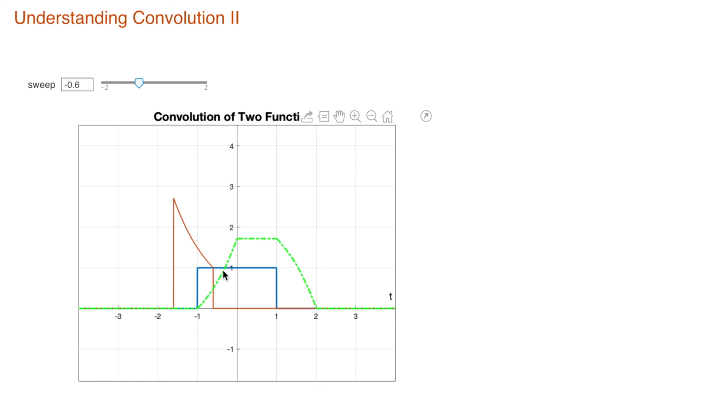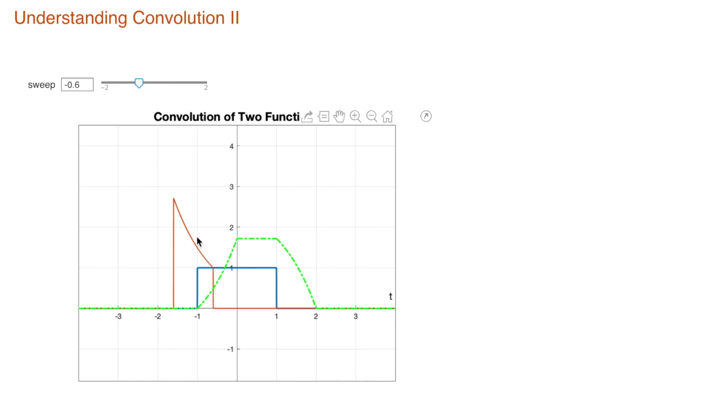So that's why we have this green increase, which is kind of like an exponential increase here. And we would expect that when g of t enters f of t, we're going to get an exponential increase.